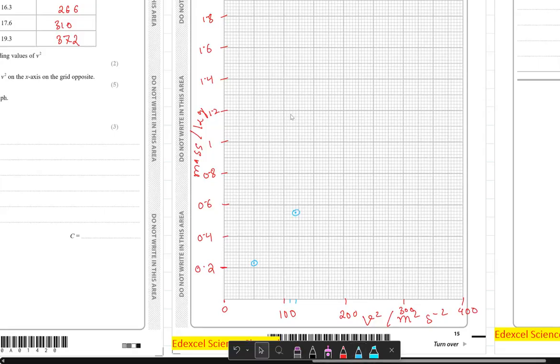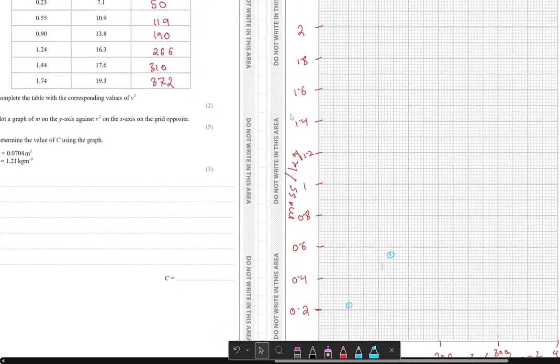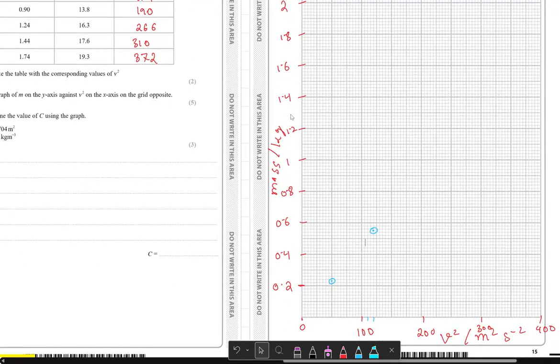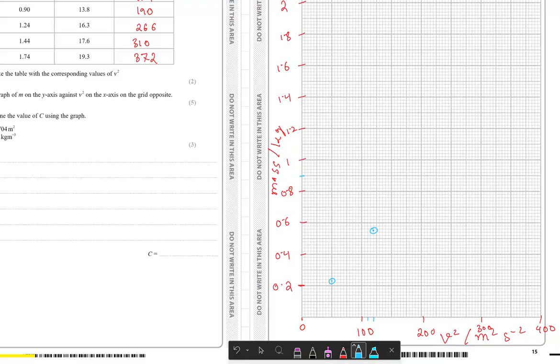All right. Then we have 0.9 and 190. So 0.9 is here and 190 is basically this one. 1.24 is here and 266. So for 266, if this is 250, then two more squares will make it 260.